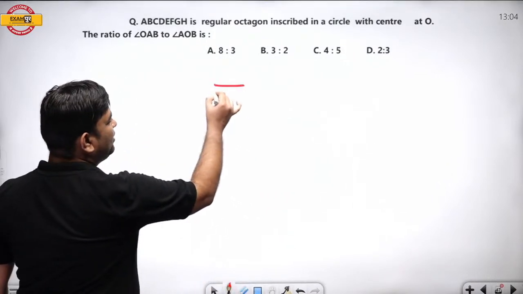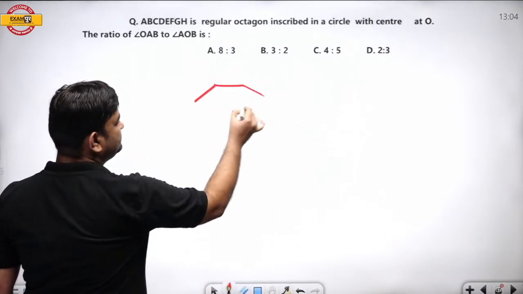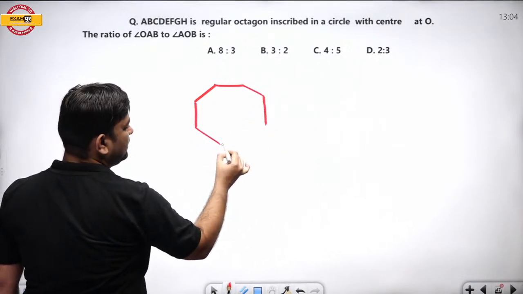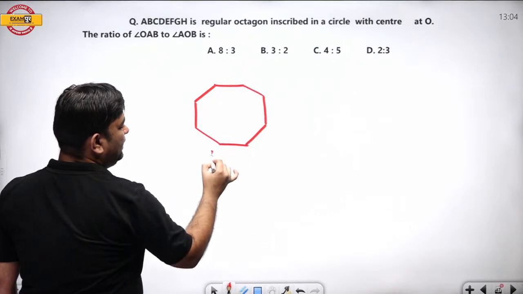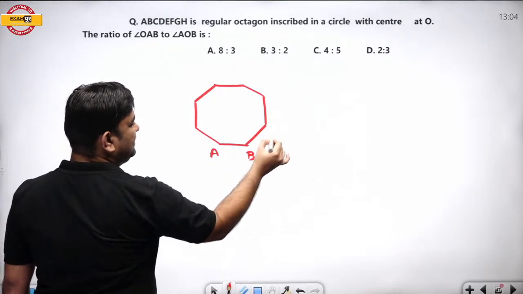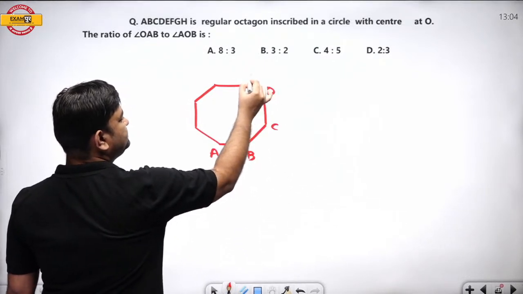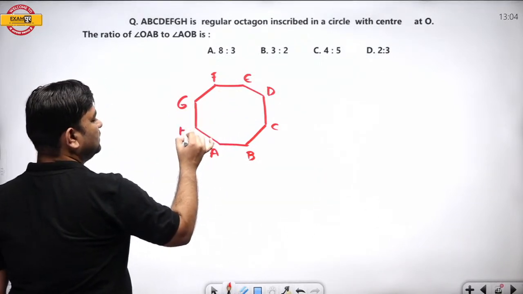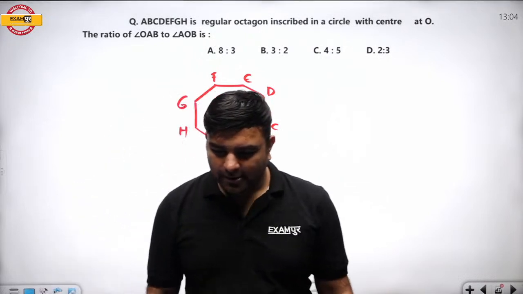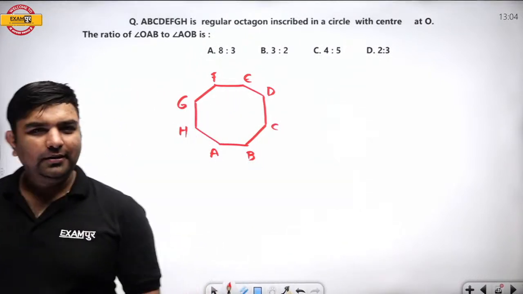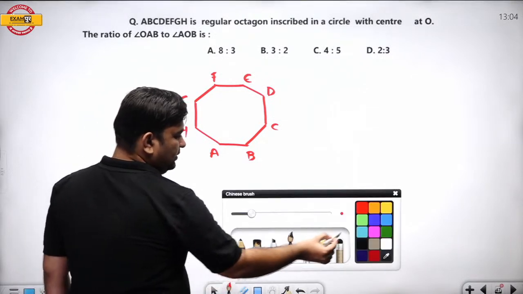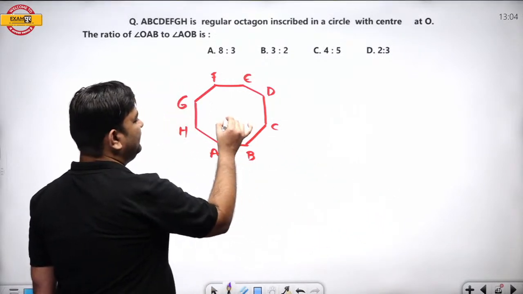ABCDEFGH is a regular octagon. Now, inscribed in a circle.